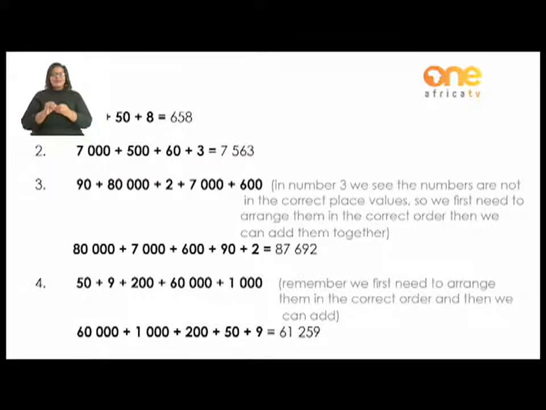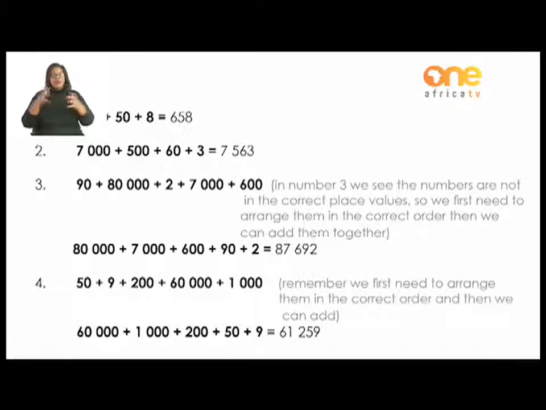They didn't write it according to the real values. They mixed up the values. So what we need to do first, we need to first arrange them in the correct order, and then we can add them together.